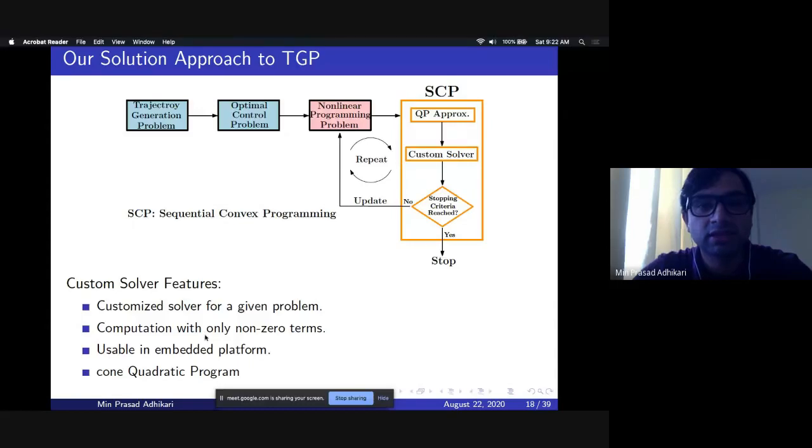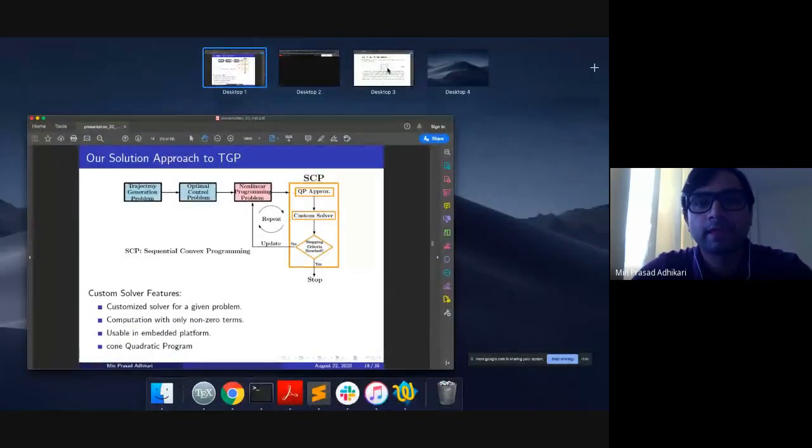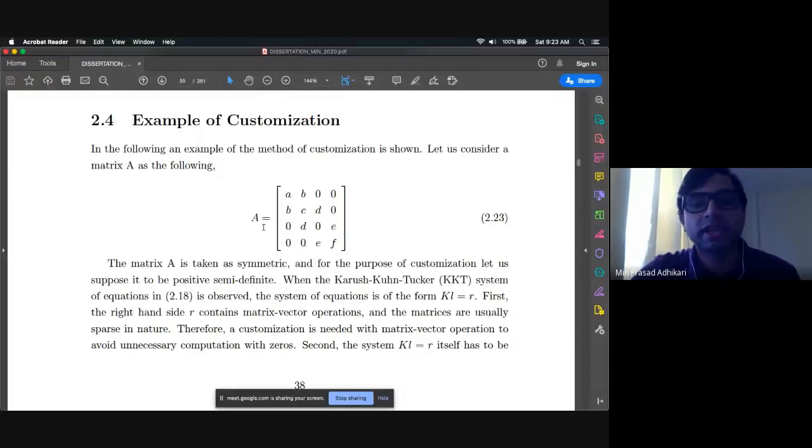I'm going to exit this presentation. I'm just going to come back again. So here, suppose A is a matrix, and one thing to note is that this is a symmetric matrix. You have at least 3 zeros on the top and 3 zeros at the bottom, and a diagonal element with 1 more zero. And one more thing, since it's a symmetric matrix, there's a repetition of entries above the leading diagonal and below it.